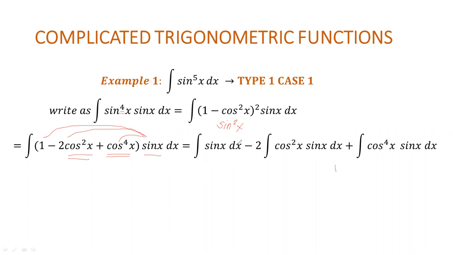So you have this, and you could see that this will just be using a simple trigonometric formula. And this one now will be having your cosine squared of x as your u raised to 2. And the entire sine of x dx is your du. This one is your u raised to 4. And this is your du, which allows you to evaluate the cosine using power rule.